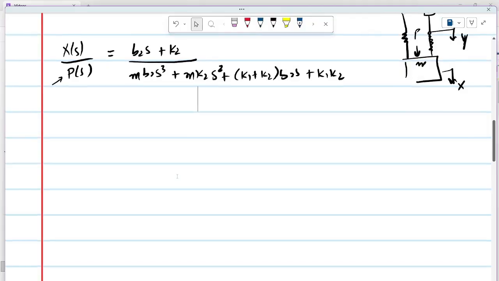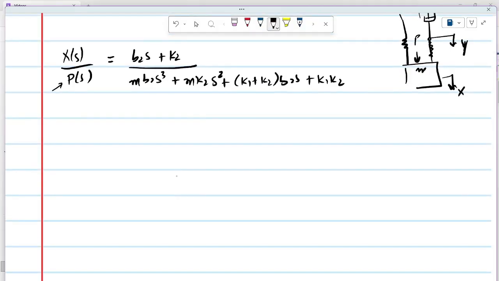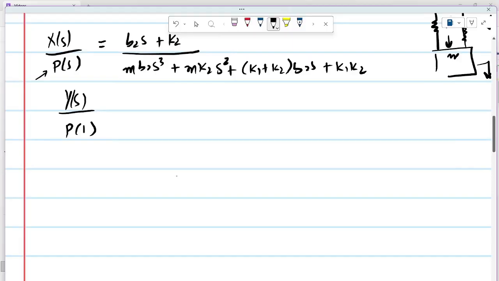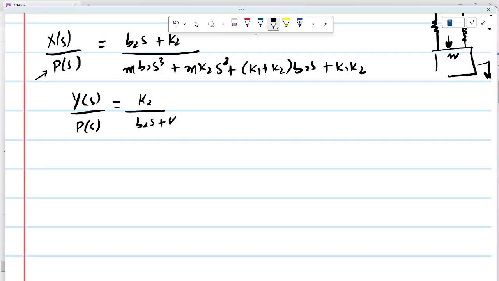If you do that, you will have the transfer function of output Y of s based on the input P of s. Sorry, not this one, it's on X of s, equal to k2 divided by b2 s plus k2.